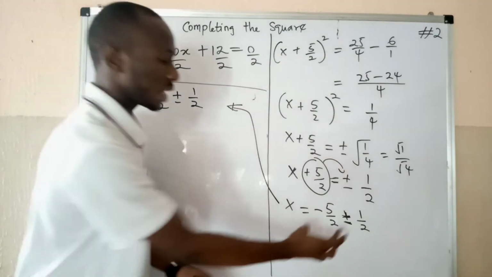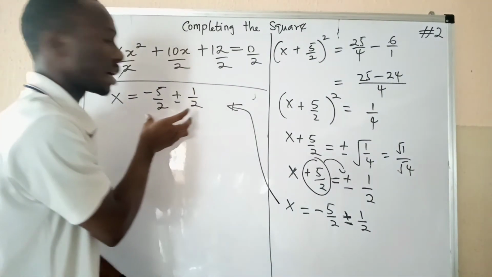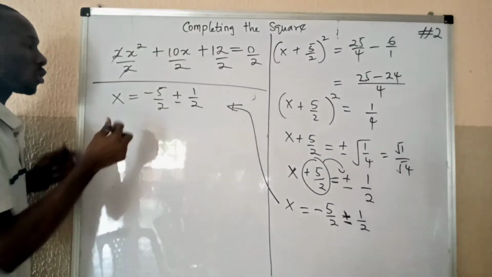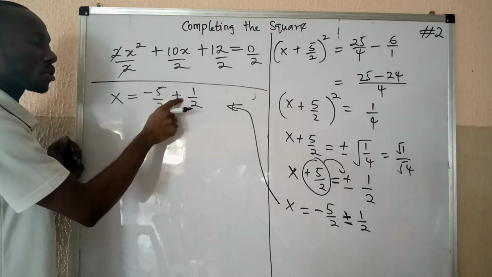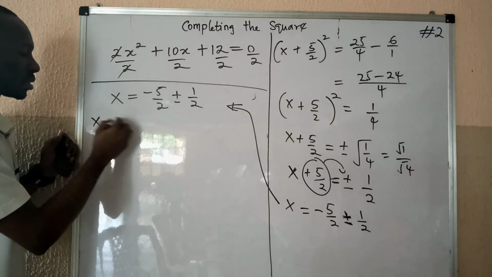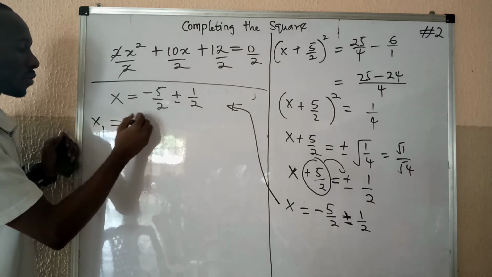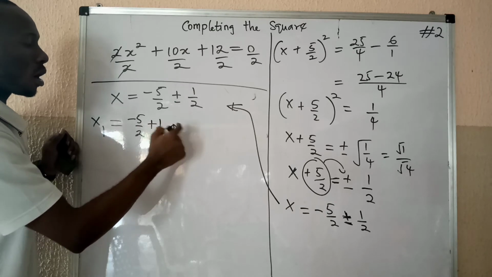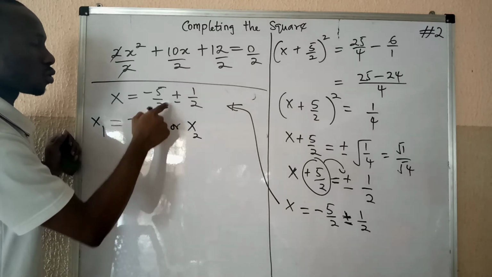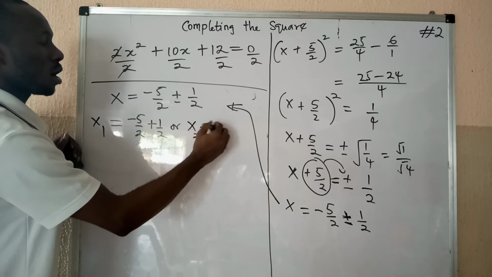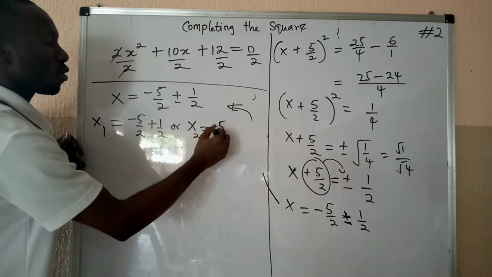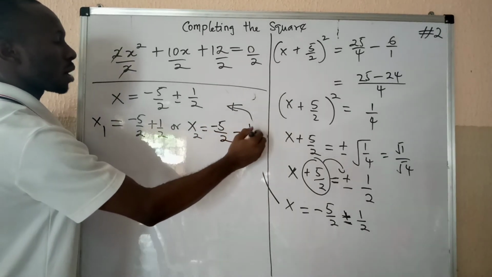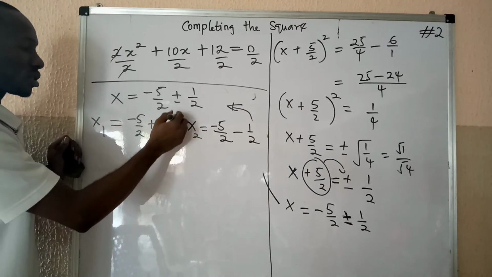So I'll pick the plus side first: x1 is equal to minus 5 over 2 plus 1 over 2. For the second, x2, I'll pick the negative side: minus 5 over 2 minus 1 over 2.